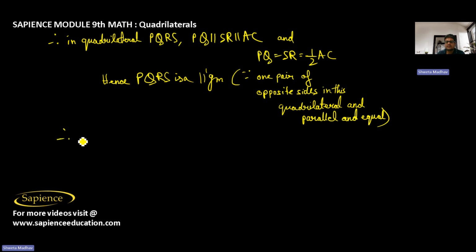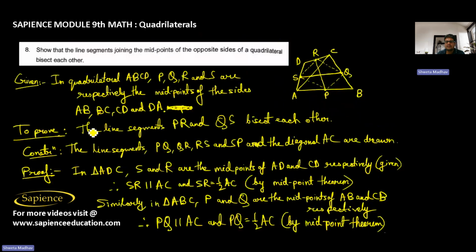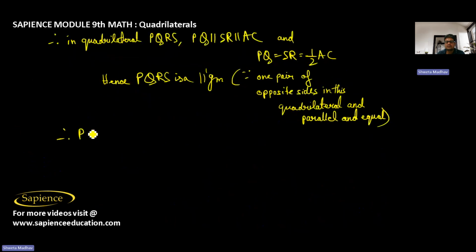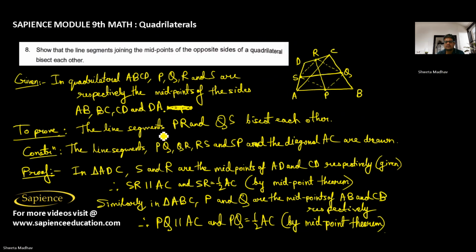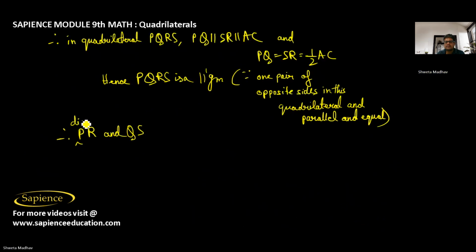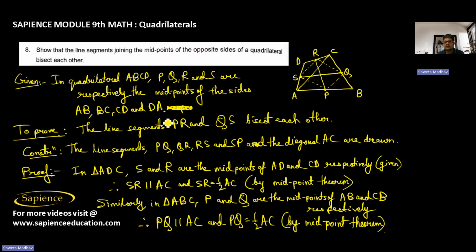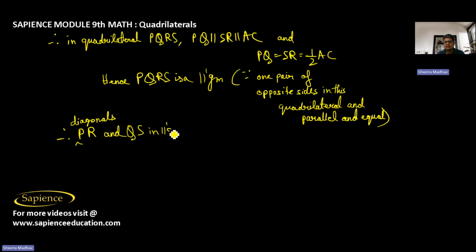So therefore I can say PR and QS, these are the diagonals. The diagonals PR and QS in parallelogram PQRS bisect each other.